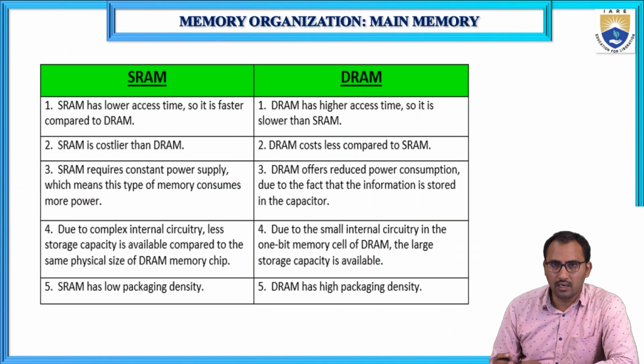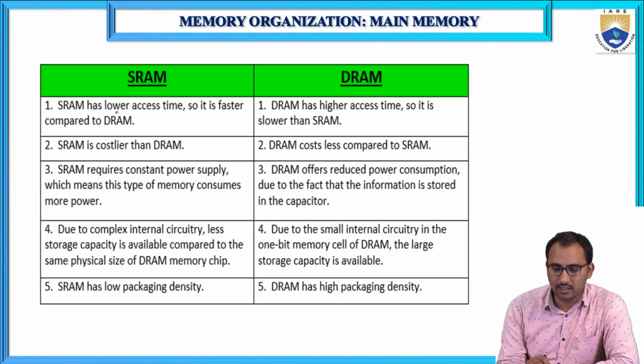If you compare the SRAM and DRAM, first, SRAM has lower access time, so it is faster compared to the DRAM. DRAM has higher access time, so it is slower than SRAM. Second, SRAM is costlier than DRAM.